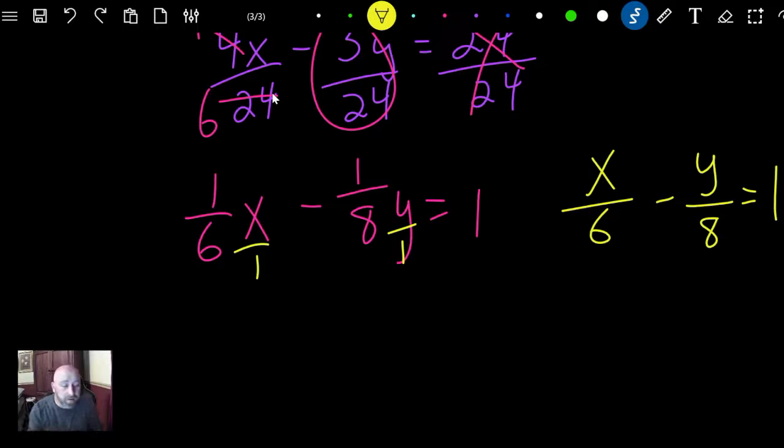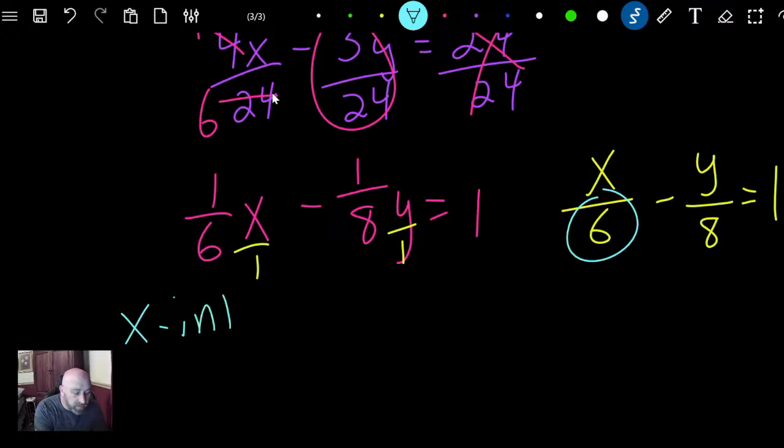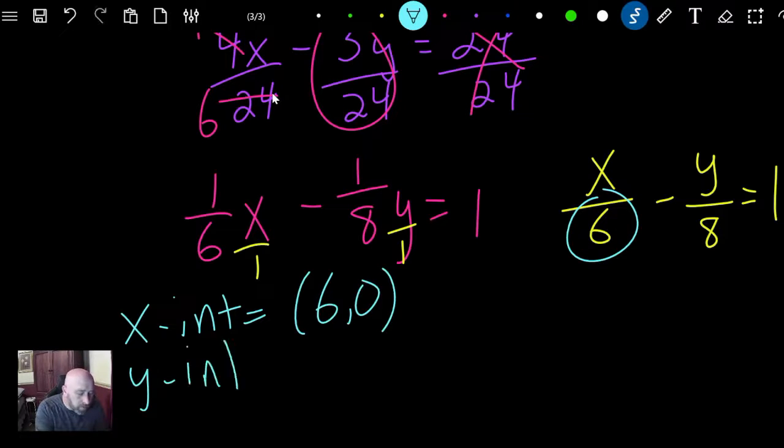The cool thing about intercept form is that as soon as we get it into intercept form, we know the x-intercept is 6. The way you would write that is 6 comma 0. Then the y-intercept, be careful here, we have a negative sign.